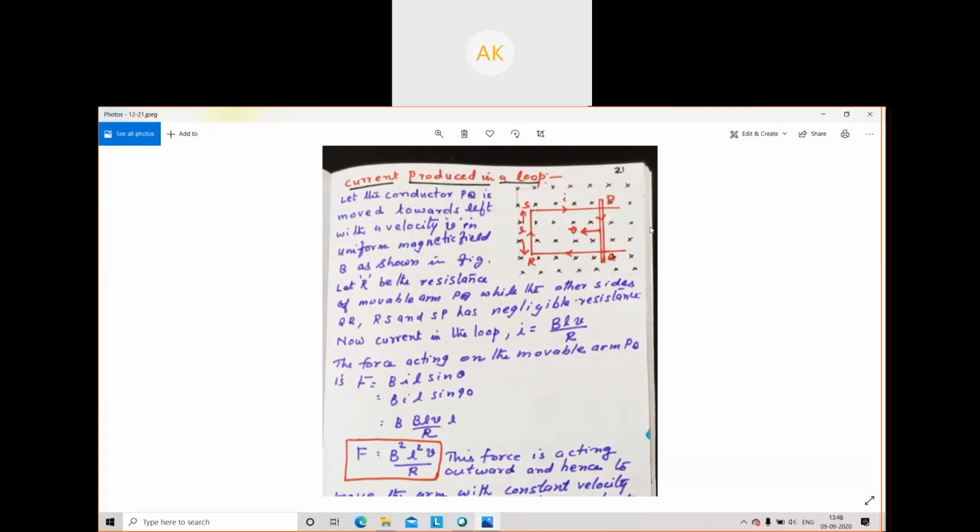You hold your left hand: central finger is current, and the motion of the conductor is towards left. The thumb represents motion of the conductor, and the forefinger represents field. The forefinger is perpendicular to the plane and inwards. And the current, you can see the direction of current is downwards. Please hold your left hand and find the direction of force acting on the conductor.